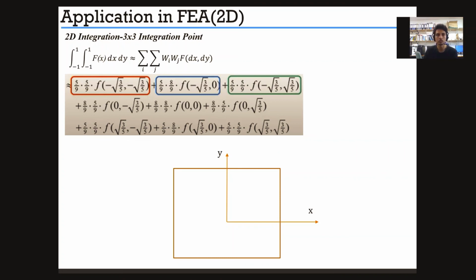So if we go through this one, then the coordinate is minus root over 3 by 5. We'll go to the minus of the x-axis, and go downwards, minus and minus, so we will go left and go down.